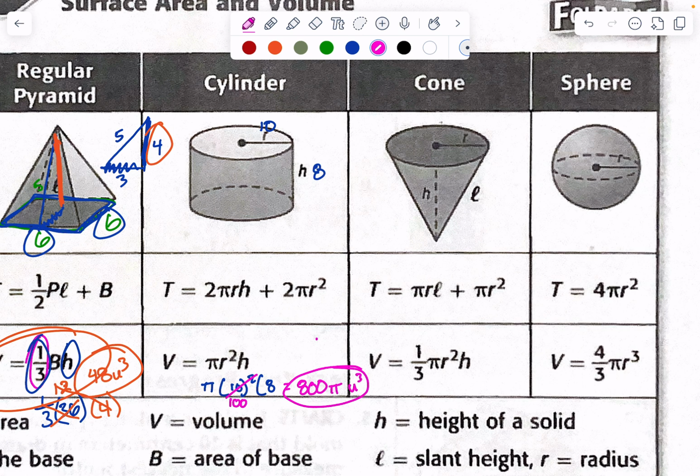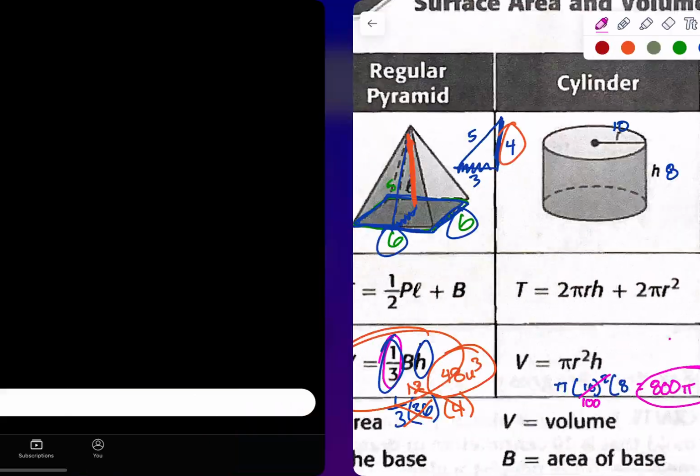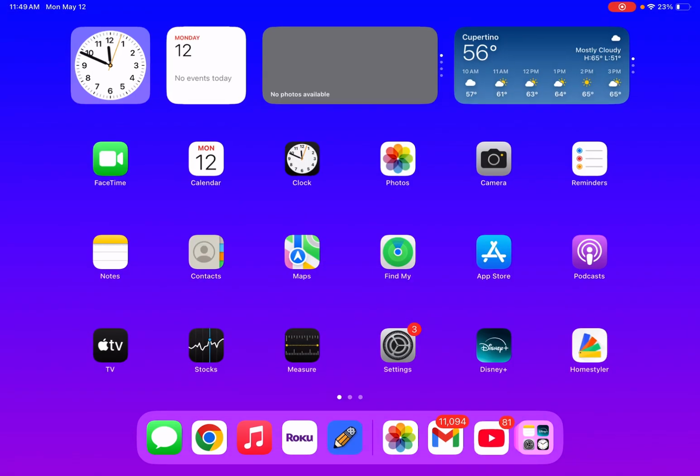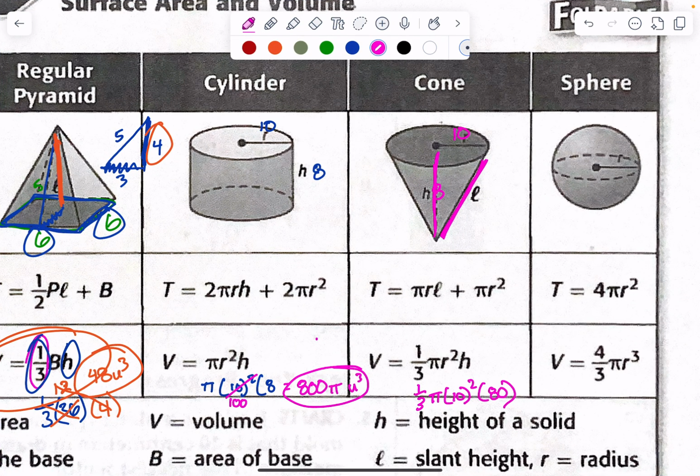So 800 pi. For this one, let's say my radius was still 10 and my height was still 8. Not the slant height, the regular height. If that's the case, then this will end up being the same dimensions as before, it's just that it will be a third.